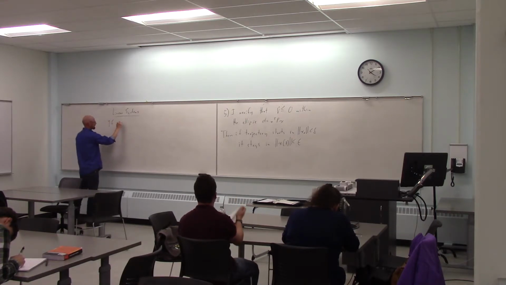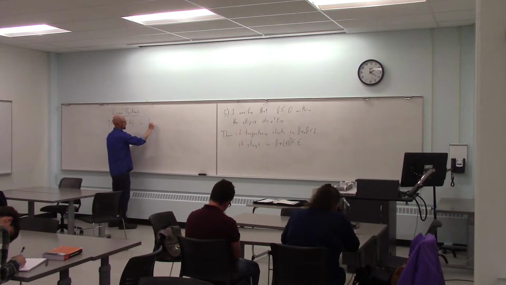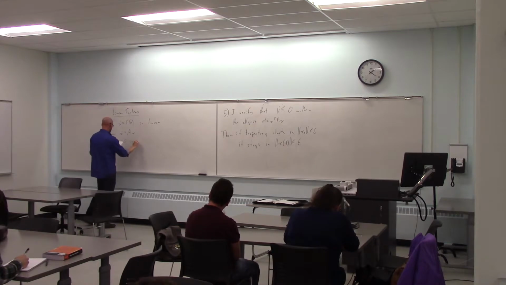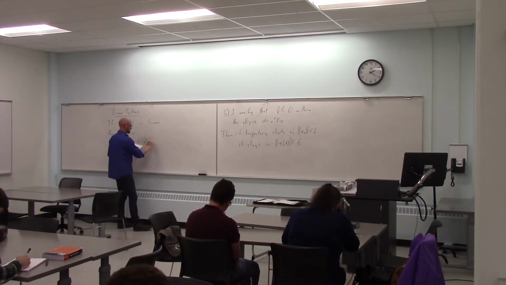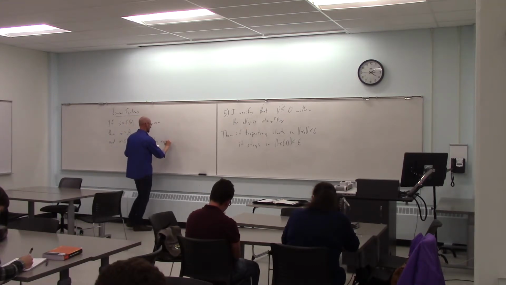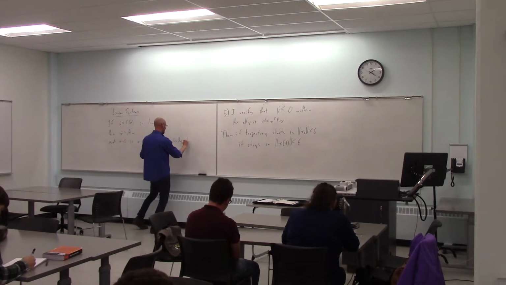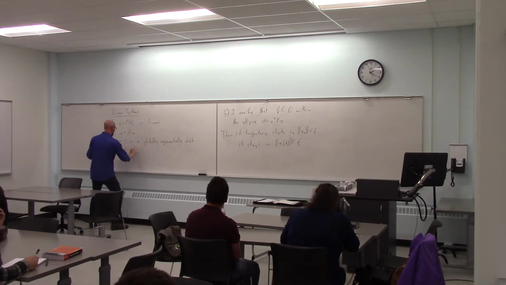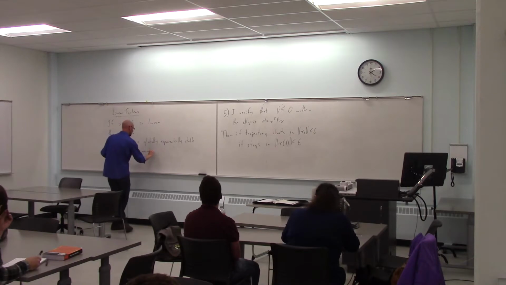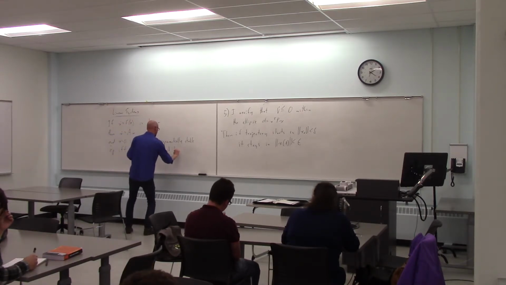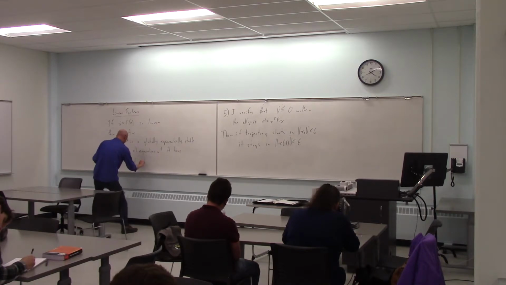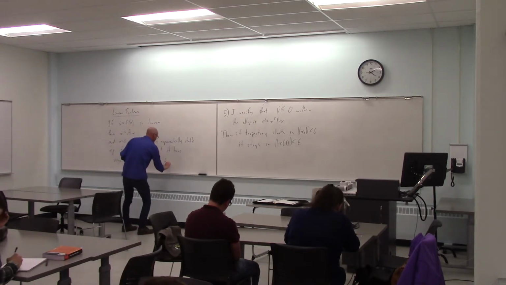If x dot equals f of x is linear, then I can always write it as x dot equals Ax, where A is a matrix, and x equals 0 is a globally exponentially stable equilibrium point if and only if all eigenvalues of A have negative real parts, i.e. A is negative definite.